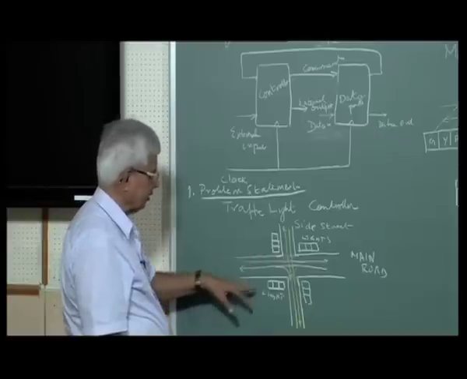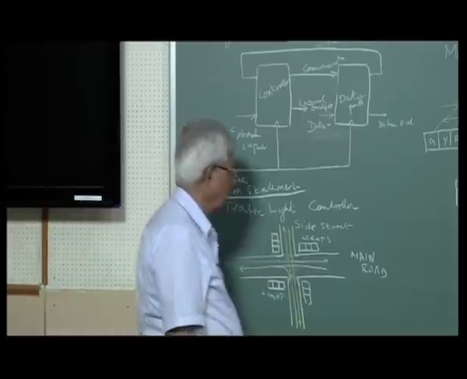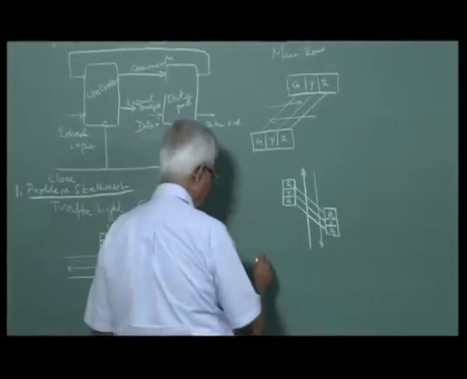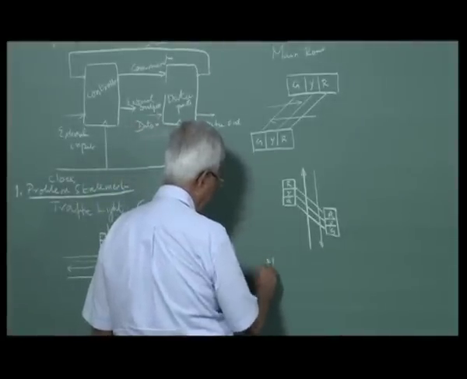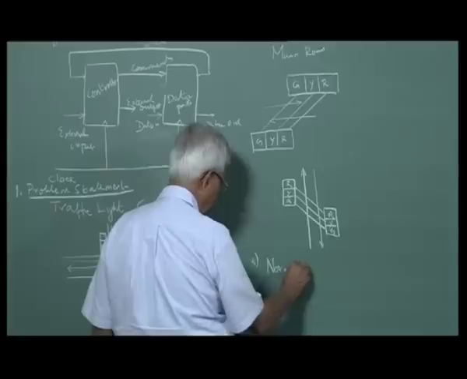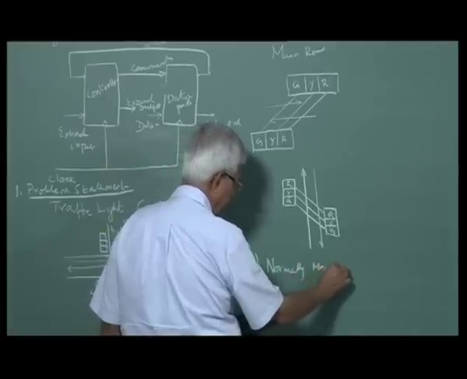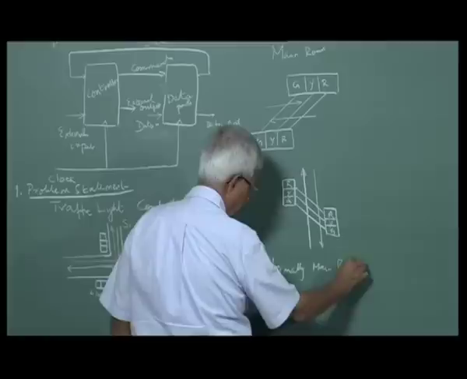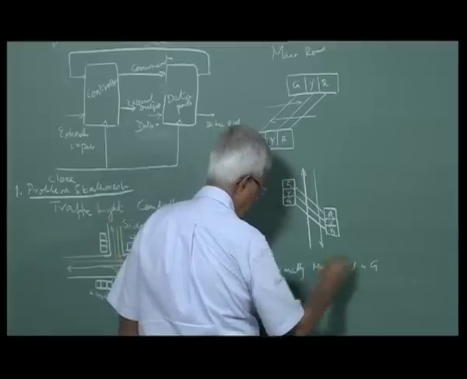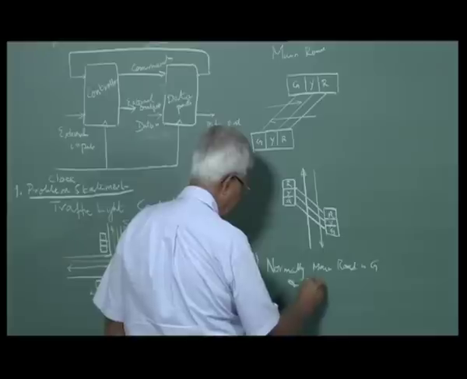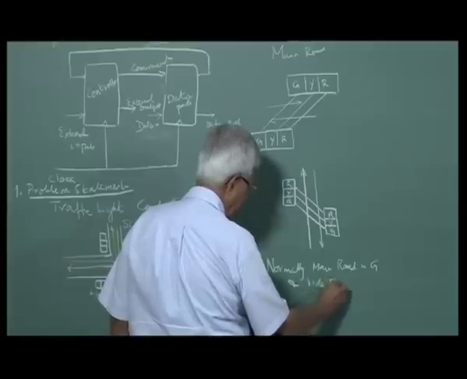The exact specifications are given in this. So the problem statement continues. Normally, the main road is green and the side street is red.